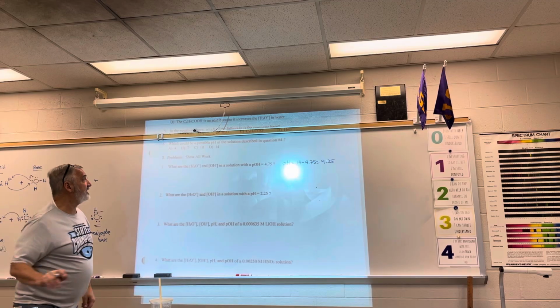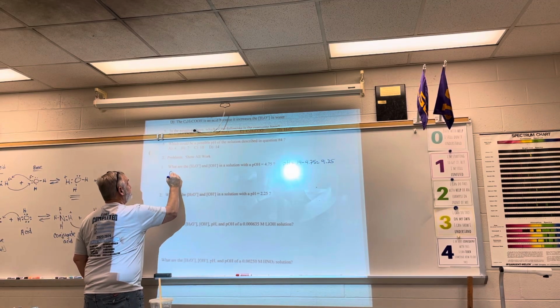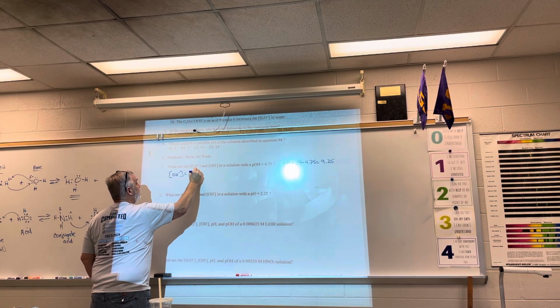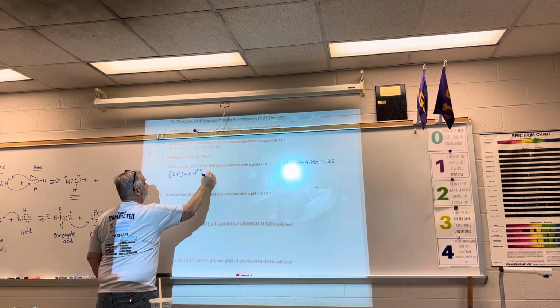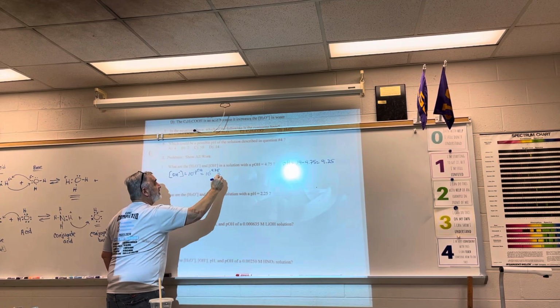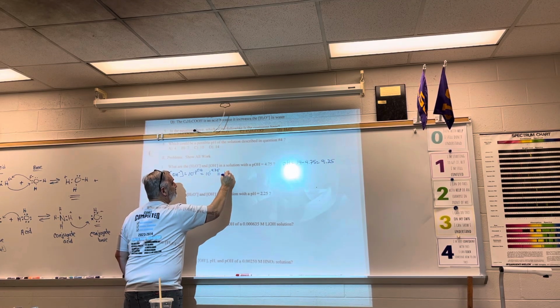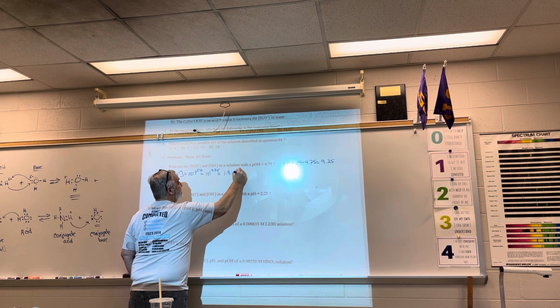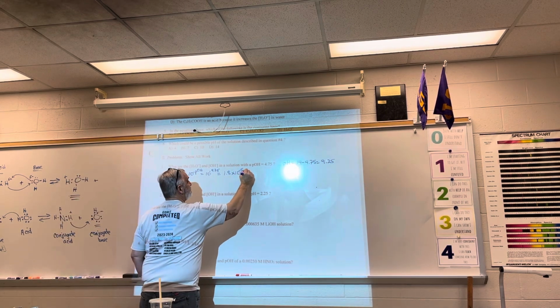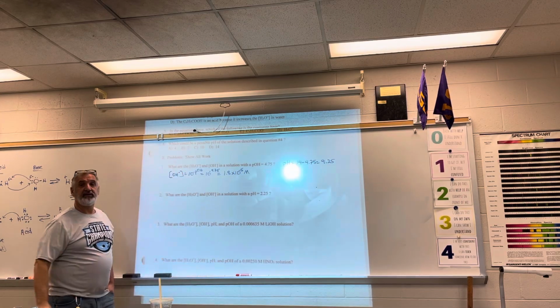So my OH minus is equal to 10 to the negative pOH, which means it's going to be 10 to the negative 4.75, which turned out to be 1.77 or 1.8 times 10 to the minus 5. And that's the concentration. It's always going to be in molarity.